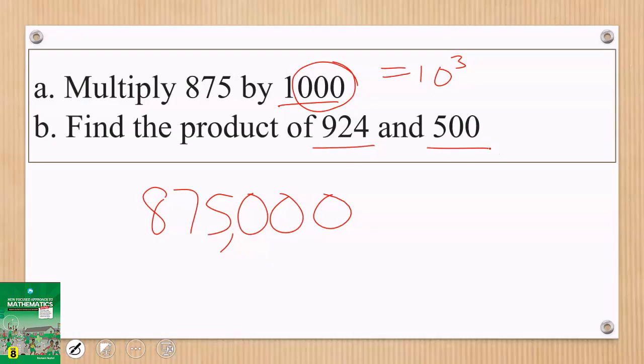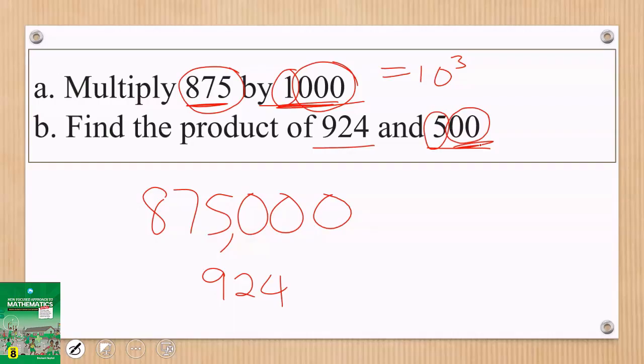Again, all you need to do is to keep your 9, 2, 4 and ignore these zeros first, multiply by 5 and attach 2 zeros. What happened with the 1000 is that we multiplied the 875 by 1, which gives you the same number, and attach 3 zeros. So here too, when you multiply by 5, you attach 2 zeros to give you the answer.